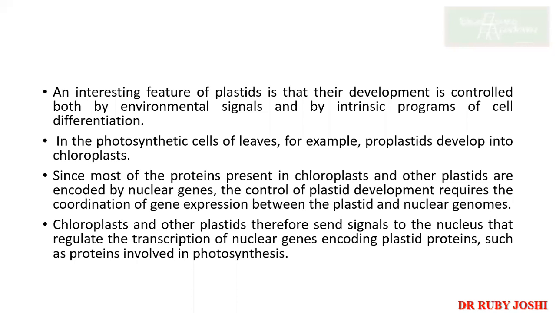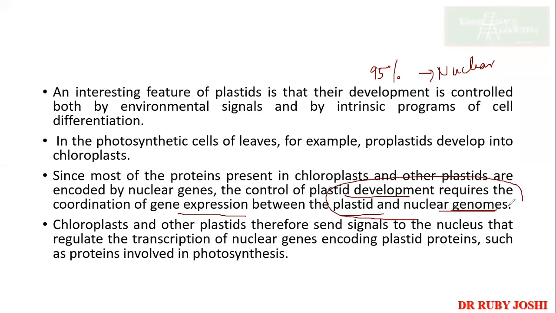Absolutely correct. Good. Since most of the proteins present in the chloroplast and the other plastids are encoded by the nuclear genes, as I mentioned before, in the chloroplast 95% of the proteins are coded by the nuclear genome. The control of plastid development requires the coordination of gene expression between the plastid and the nuclear genome.